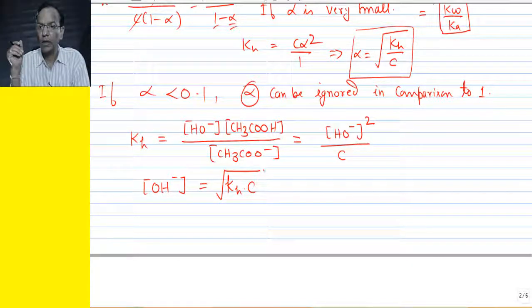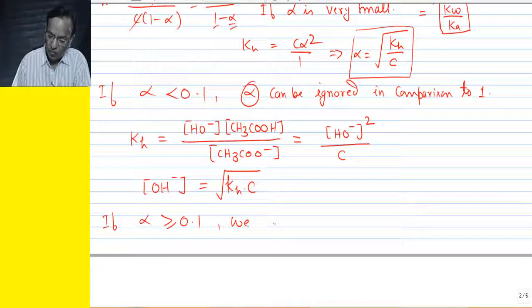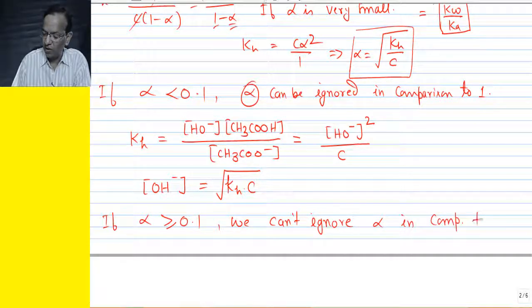But what if the alpha is not negligible? So if alpha is greater than or equal to 0.1, we cannot ignore alpha in comparison to 1.